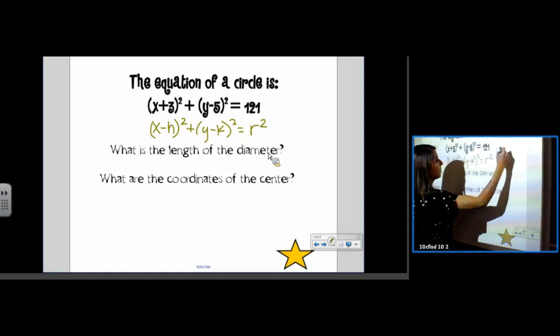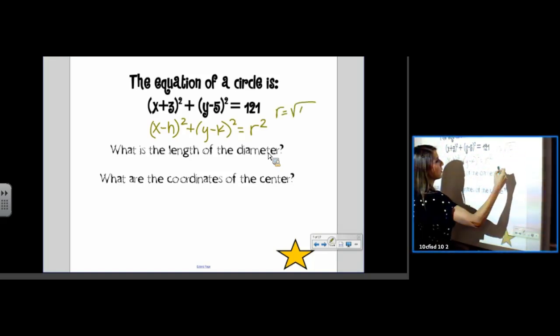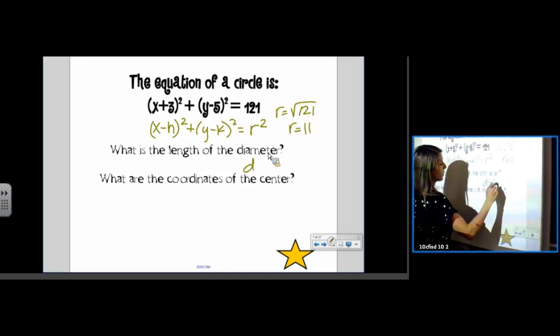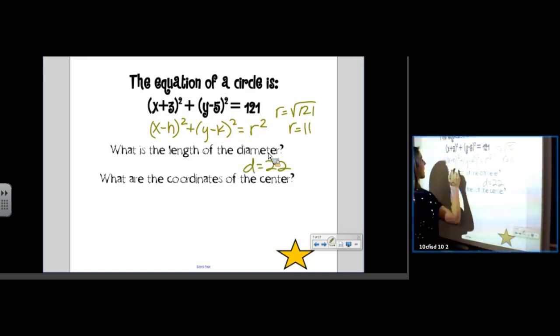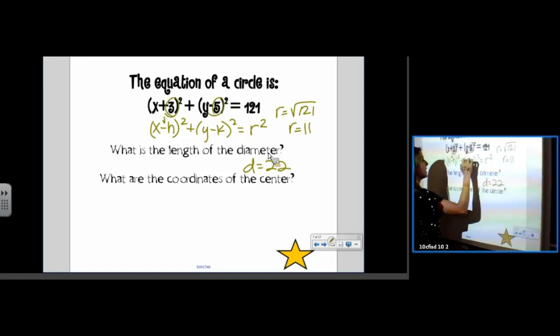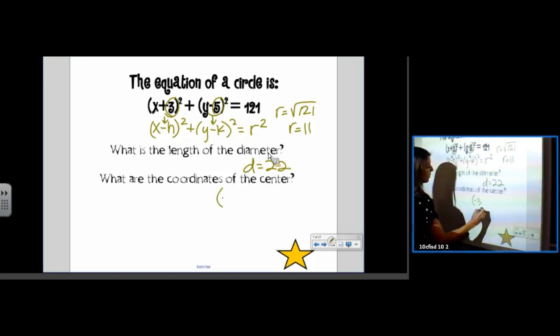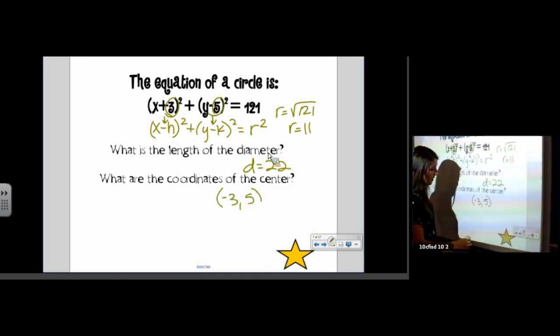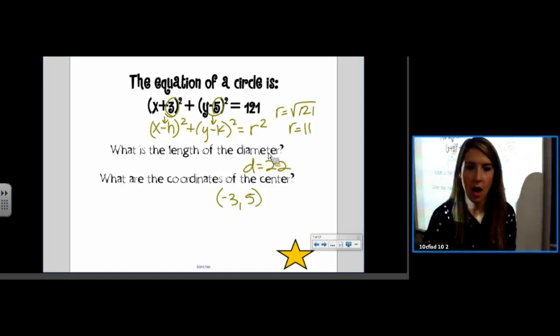So r is the square root of 121. So r is 11, making the diameter 22. And be careful, this is not h and k, because it's minus, you take the opposite sign. So this would be −3, 5 would be the coordinates of the center of the circle.